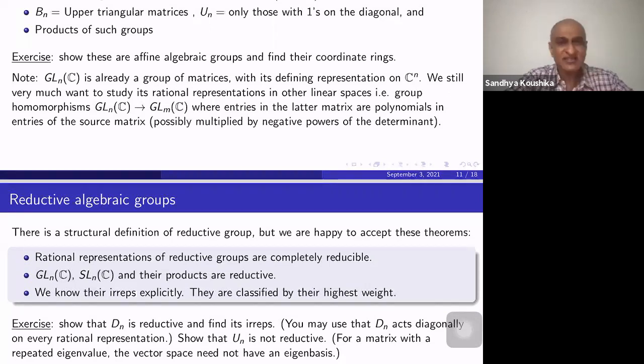This again is not that difficult. If you go by the analogy I gave about eigenspace decomposition, this is saying that if I have a matrix with a repeated eigenvalue and I take a generalized eigenspace, I need not have an eigenbasis. That's exactly what is happening here, so this is not something surprising.